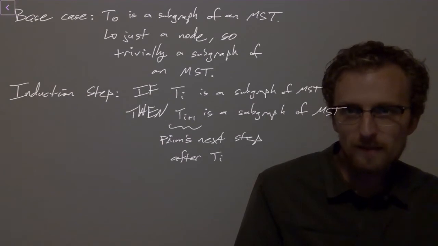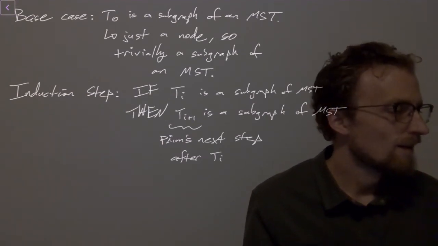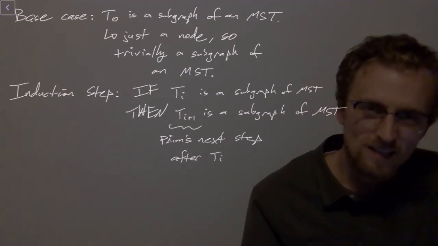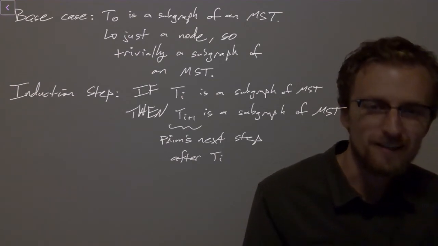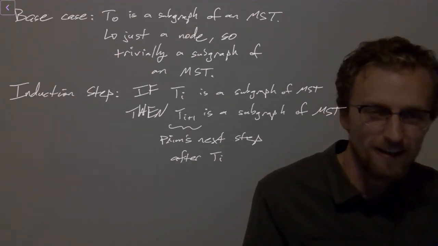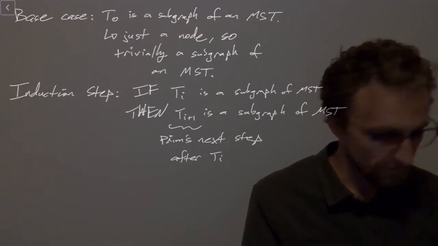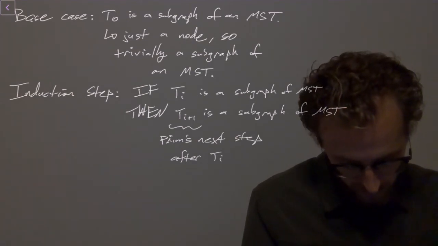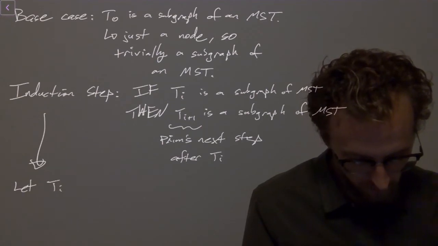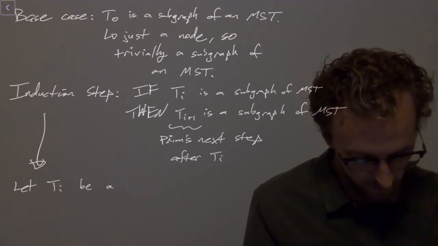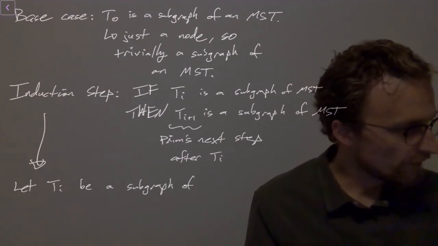The base case, we did that already. That's a good base case, one that you don't actually have to think about, right? It just is true. So let's do the induction step. So let Ti be a subgraph of an MST.